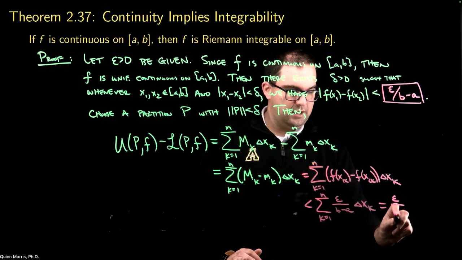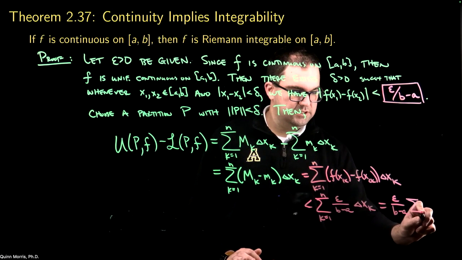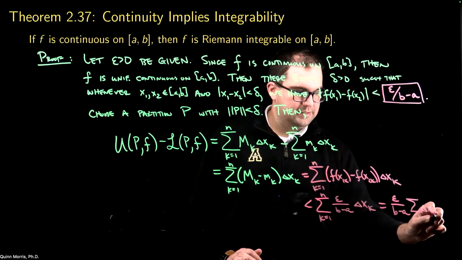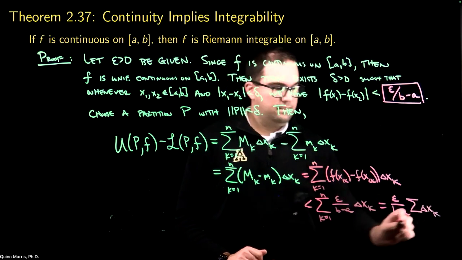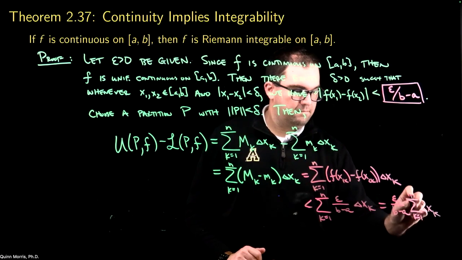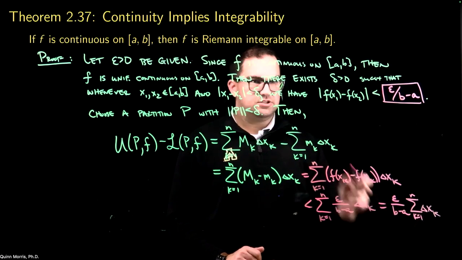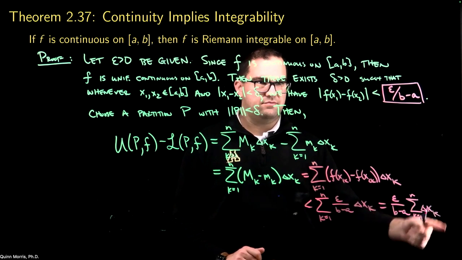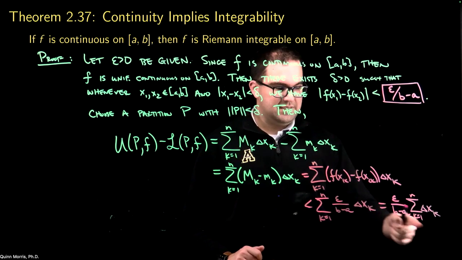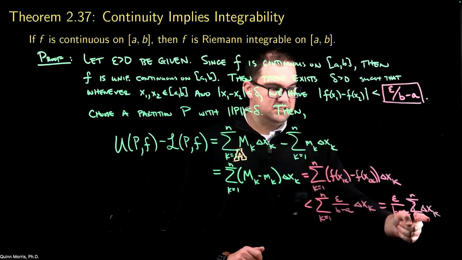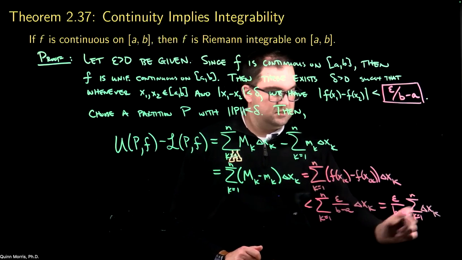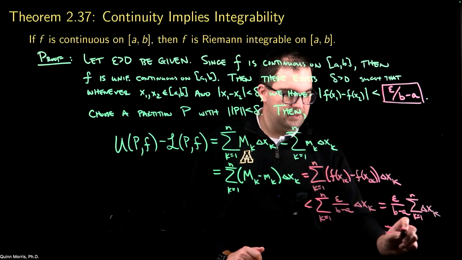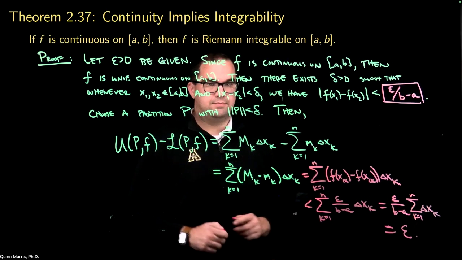So this is epsilon over b minus a times the sum of delta xk. But this sum is just the sum of the lengths of all the subintervals. It must add up to the whole length of the interval. The interval is AB, so this is just b minus a. So this whole quantity ends up being equal to epsilon.